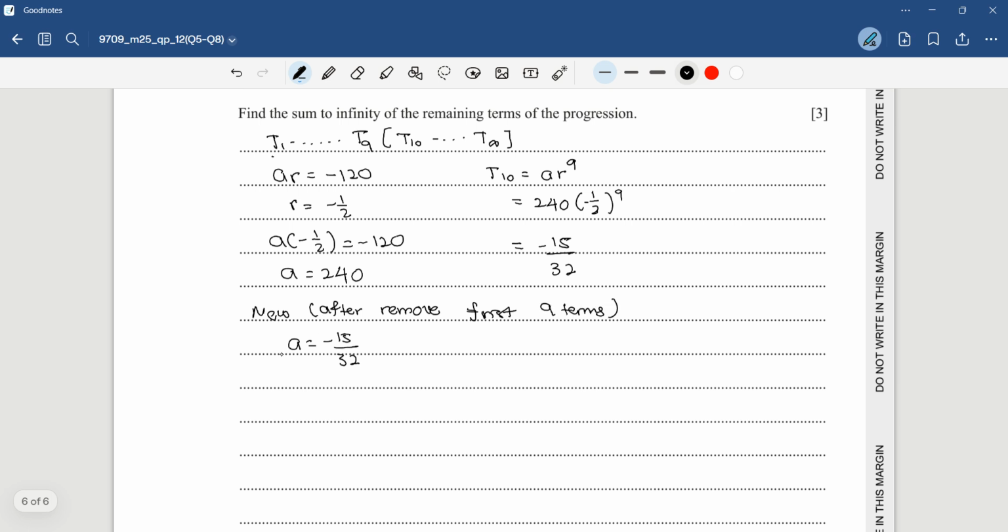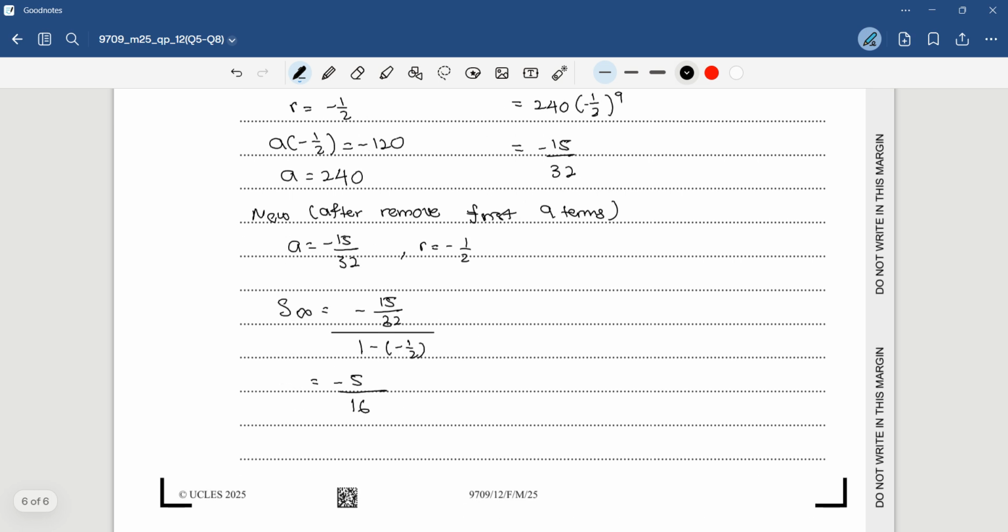So my a equal to negative 15 over 32, and my r remains the same, negative 1 over 2. Therefore, sum to infinity will be a over 1 minus r. Okay, so you will get negative 5 over 16. Okay, so that's all from me. Thank you.